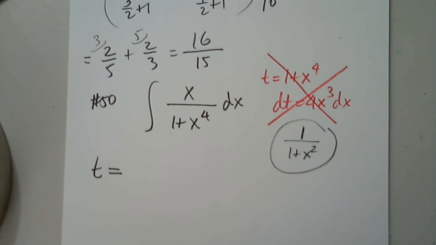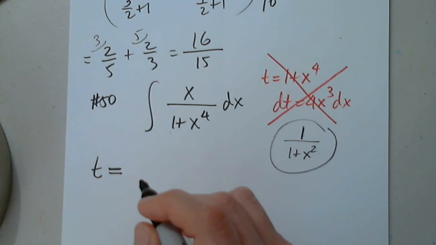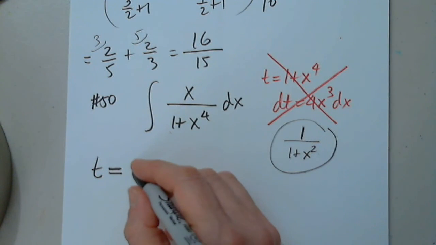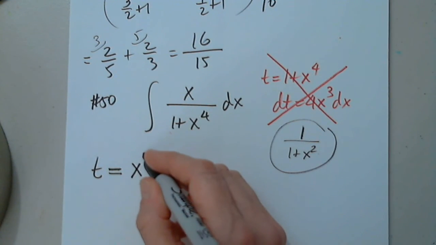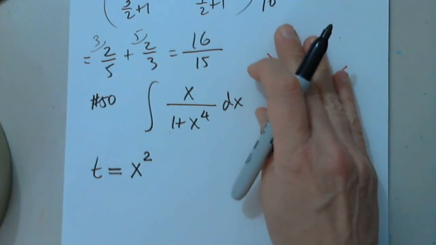What do you think? Arctangent squared. Just x squared. But this is the antiderivative. I'm not there yet.